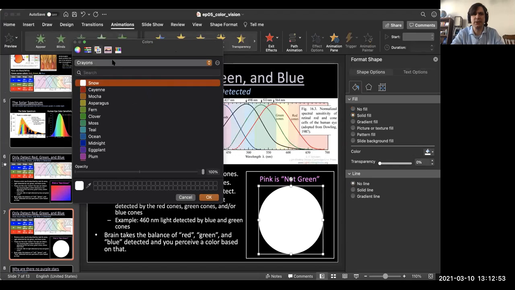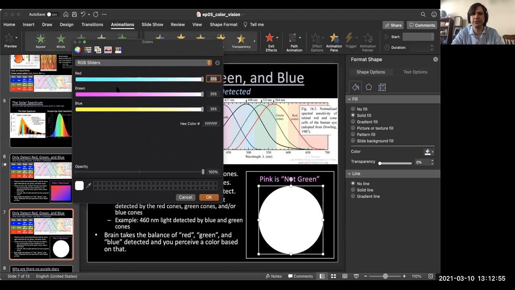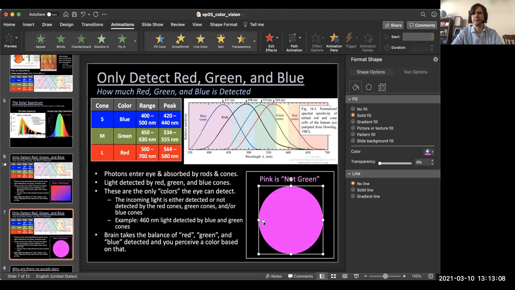All right, so now I have full control over my colors. I'm going to go to my red, green, and blue sliders, and all I'm going to do is remove all the green. No green. What color do I get? Pink. Or technically this would be magenta, but you can say pink and magenta are relatively synonymous.